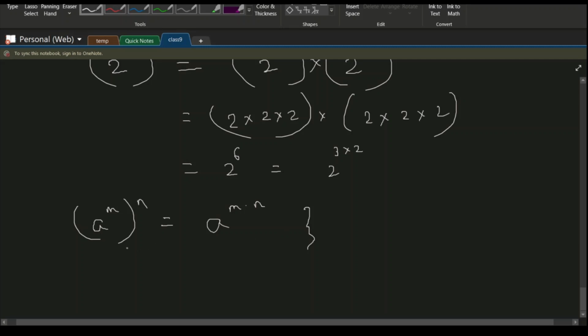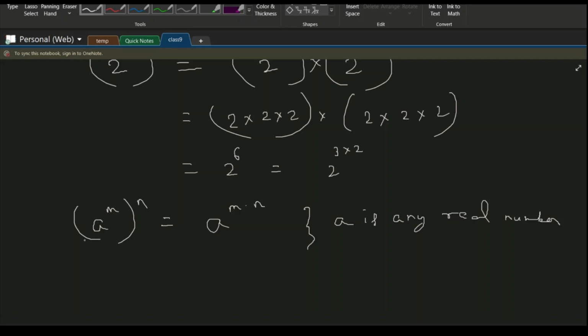So see, we are not doing any division here. A is not in the denominator, right? So here we can say a is any real number. When this number goes in the denominator, we don't want to divide by 0. So then we have to put the condition that a should be non-zero.